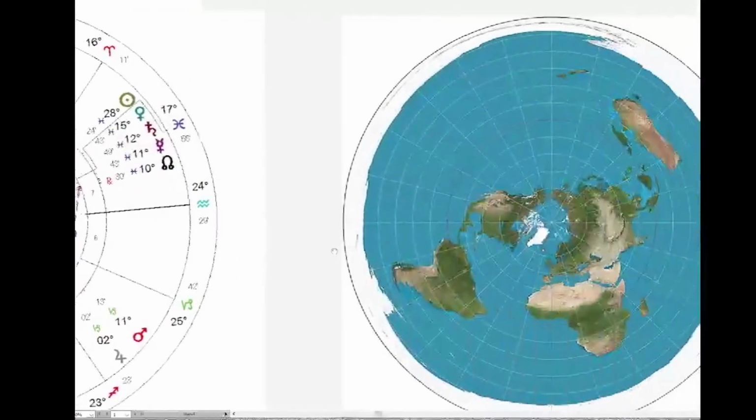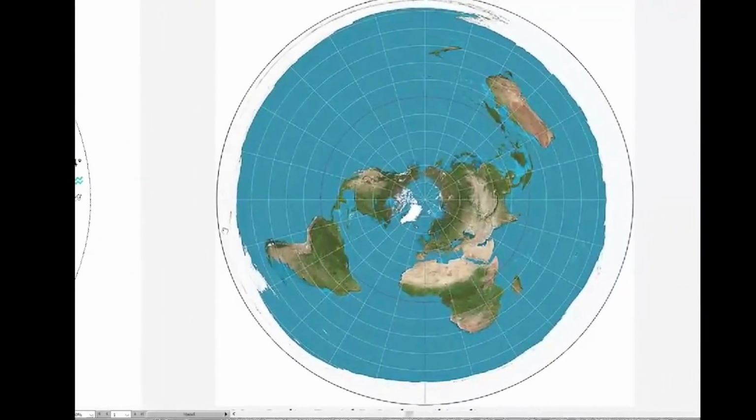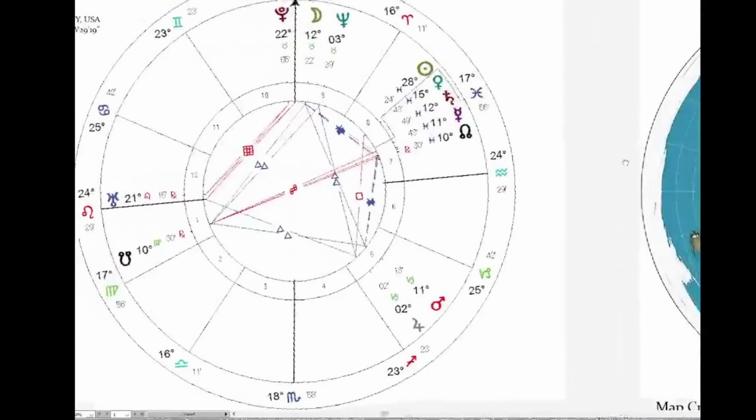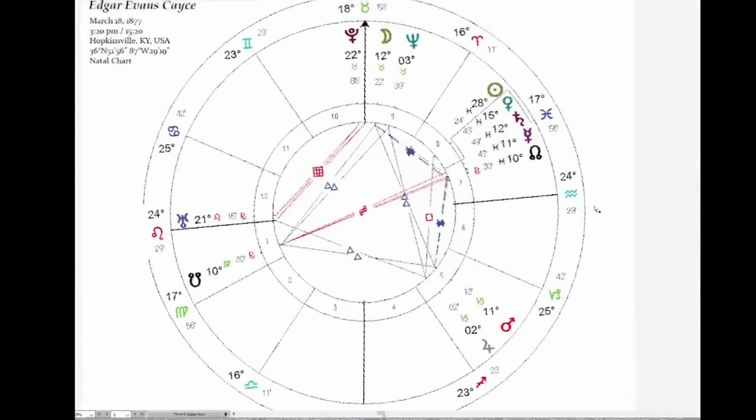So I just want to take a look at a map. When we're looking at the wheel, you're looking south. So wherever you were born on the earth, this is east, this is west, and it doesn't matter if you're in the northern or southern hemisphere.